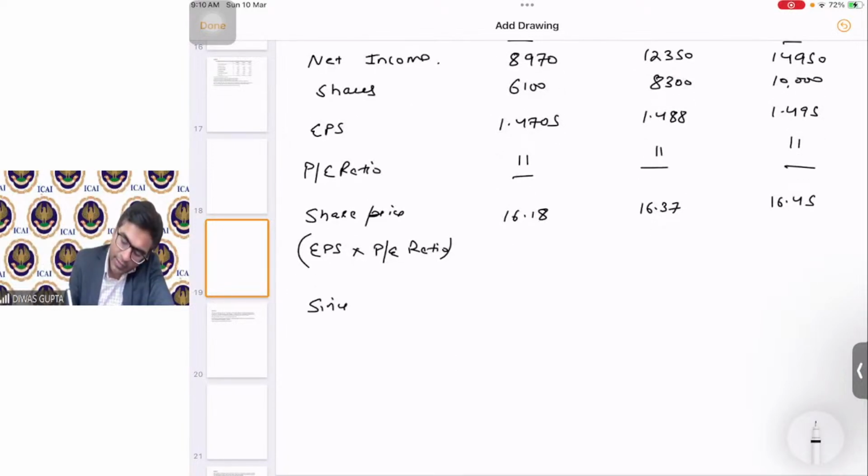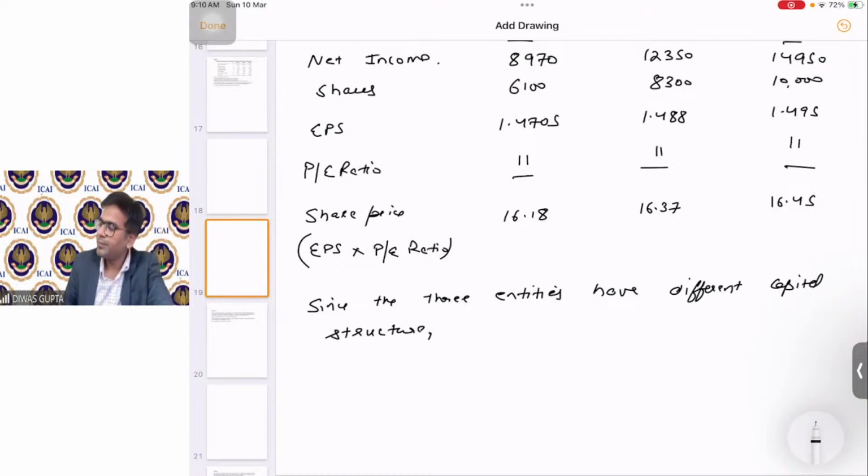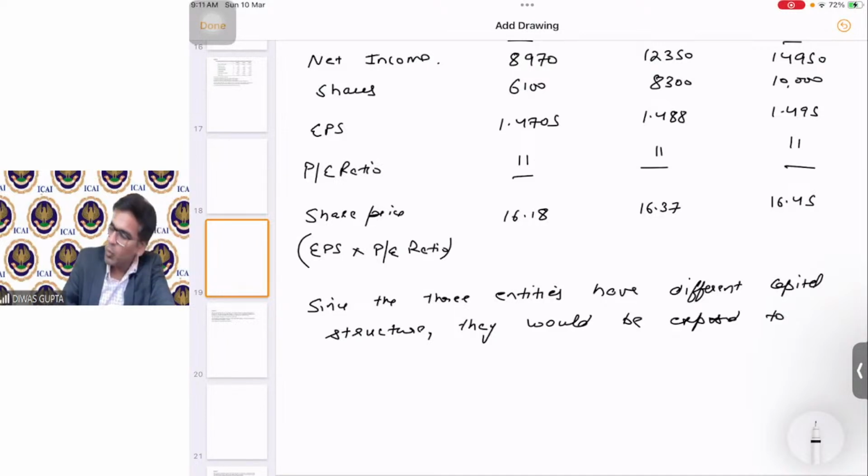What we can say is, since the three entities have different capital structure, they would be exposed to different degrees of financial risk.